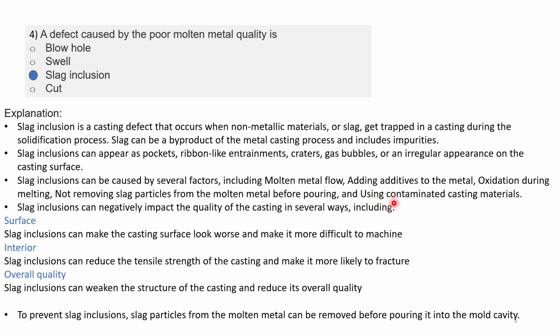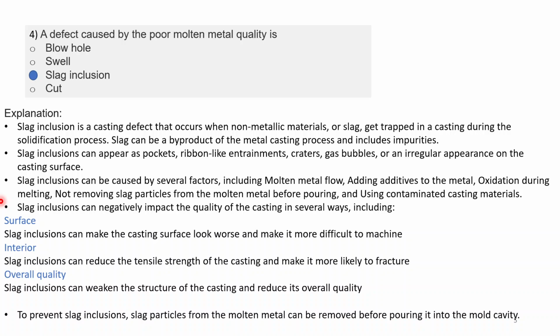In that scrap as well, there can be oxides already present. So those also can get inside your final casting. This slag then reduces some of your mechanical properties. So it can reduce fatigue strength and other properties.